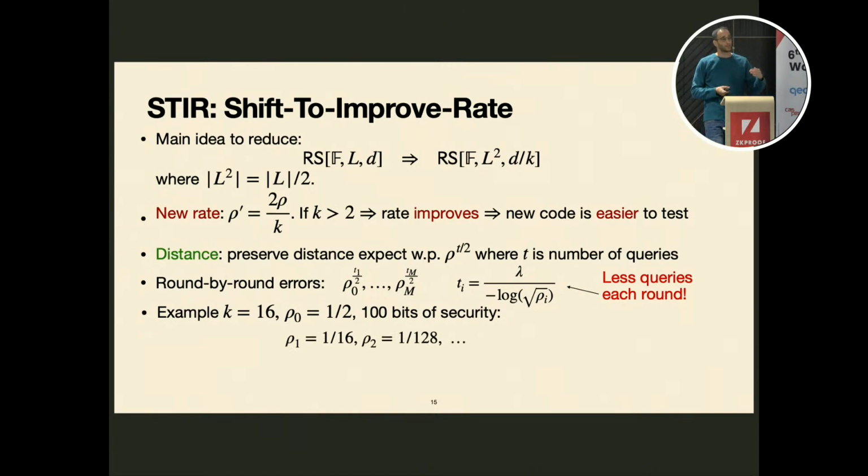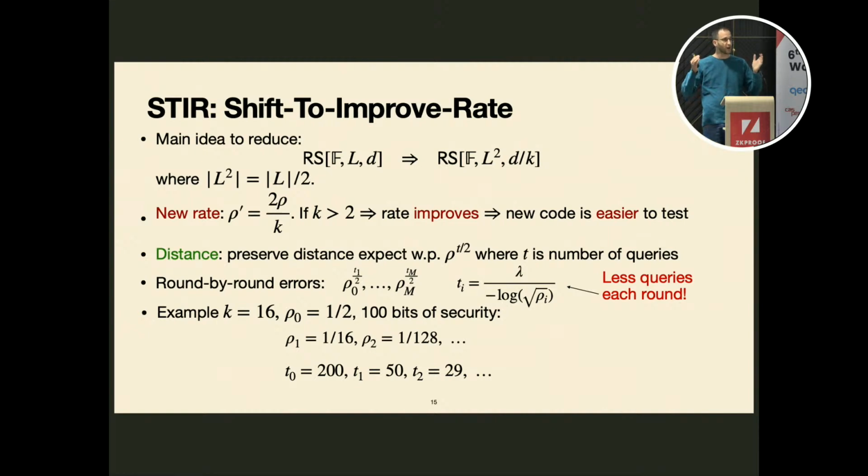This means that the rate of the next code is going to be 1 over 16, and the rate of the code after that is going to be 1 over 128, and so on. These are the rates of the codes that we get between rounds. And this means that t_0, the number of queries you need to perform in the first round, is going to be 200.